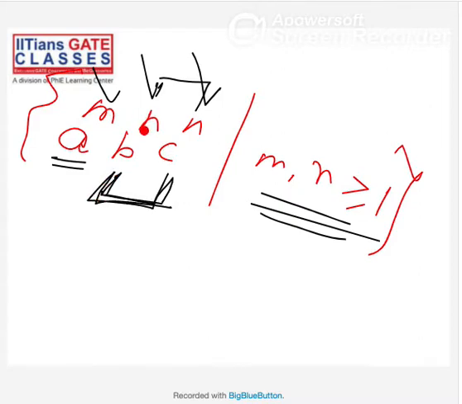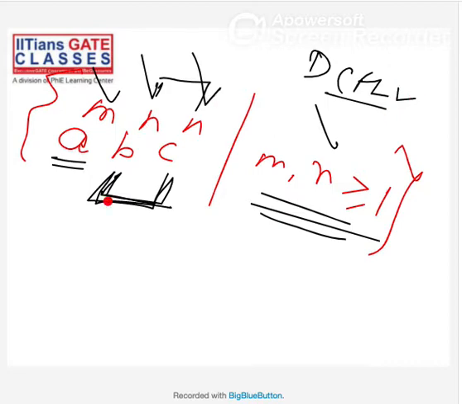You need to count the number of b's because the number of b's should be equal to the number of c's. This is the condition, and that's why you need to count the b's. But this n is unbounded, and this unlimited counting cannot be done by a DFA. So that's why this is not regular. This is clearly DCFL.